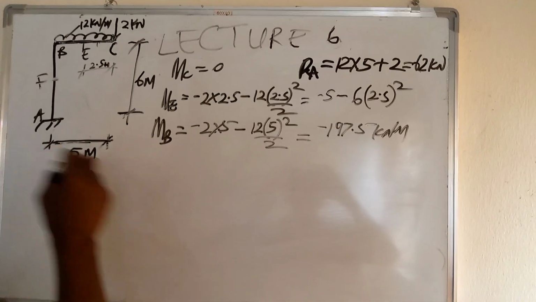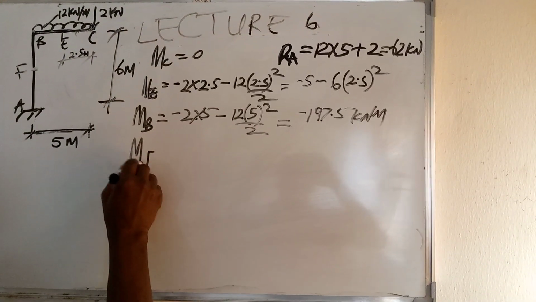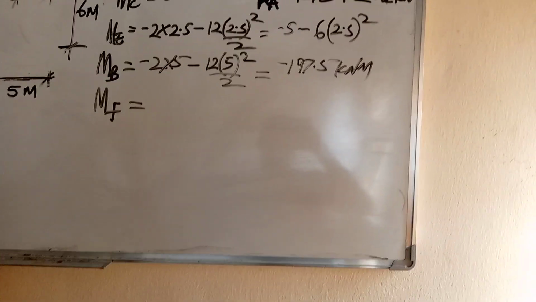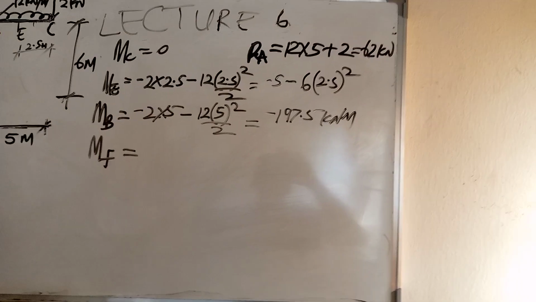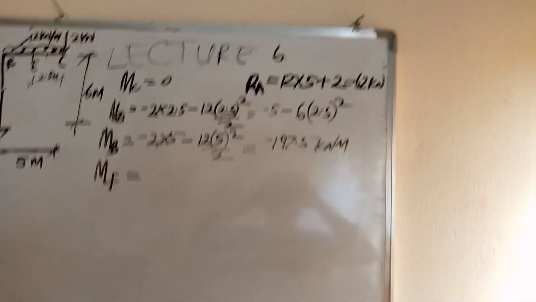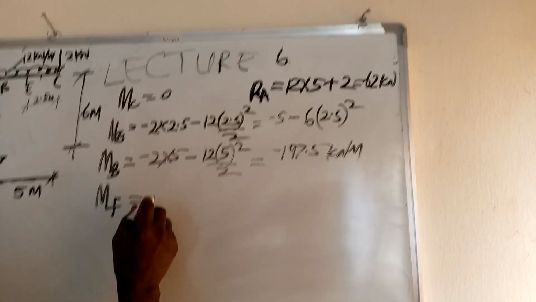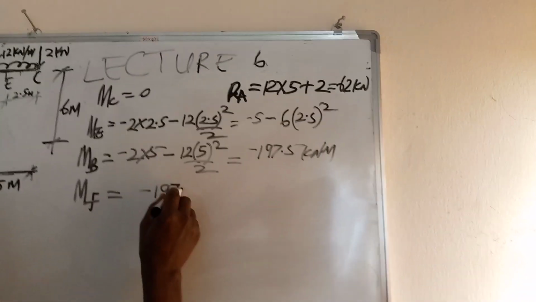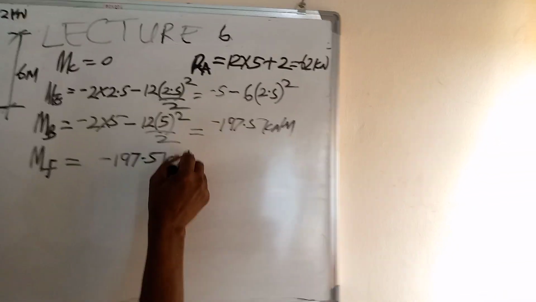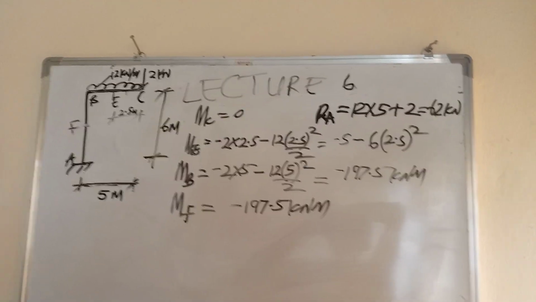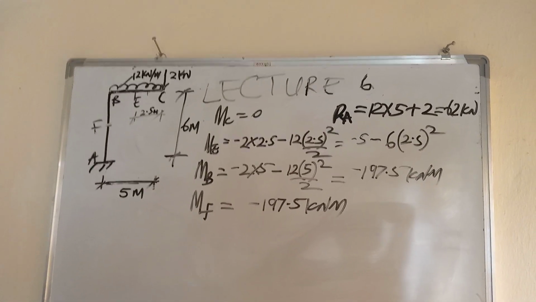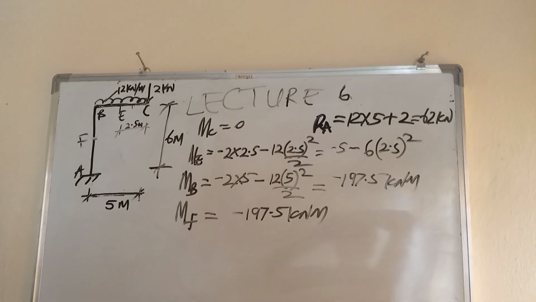So at F, the moment is concentrated. If you've been following the other episode, the moment is concentrated. It becomes still minus 197.5 kilonewton meter, because the length BF is not perpendicular to any of the loads.